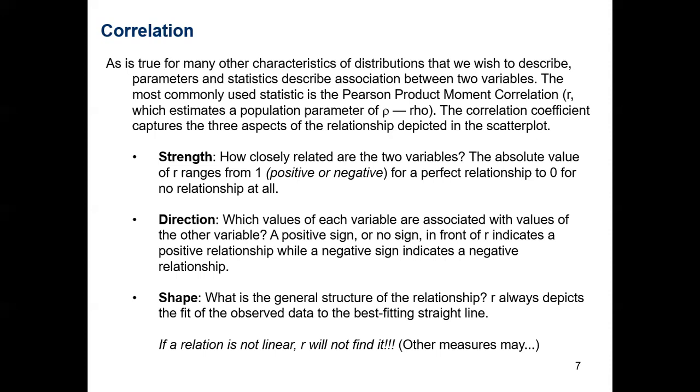The last sentence in this slide is the most important, okay? If a relation is not linear, Pearson correlation will not find it. So even though SPSS gives you an R number, you should not use it because of the non-linear relationship in the scatter plot.